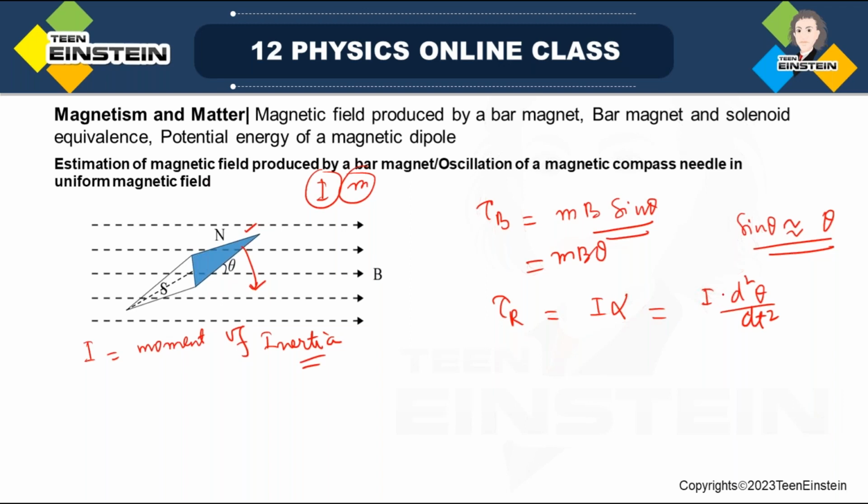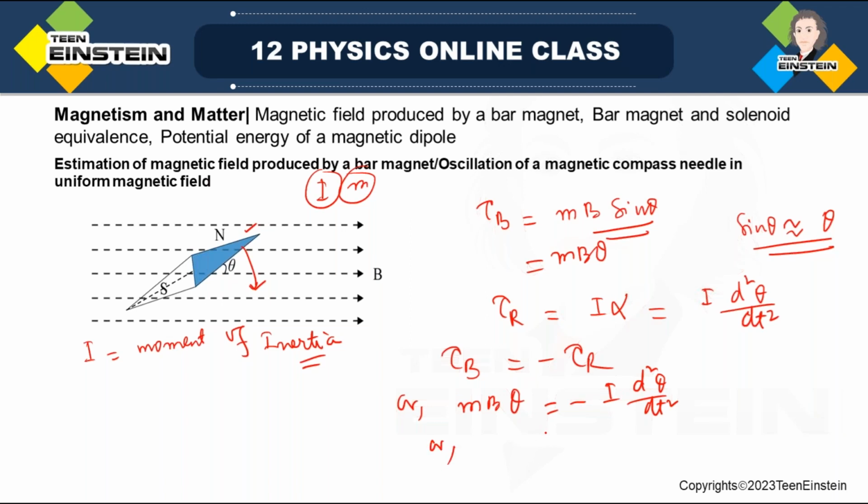Since it is a restoring torque, the direction will be opposite to this TB. Now the magnetic torque will be balanced by this inertial torque. So TB is equal to minus TR. At this condition the oscillation will happen. So we get MB theta, and this is I d2 theta by dt square, right?